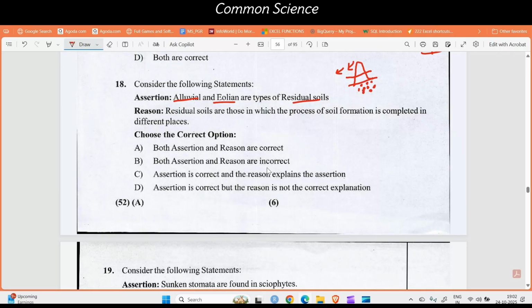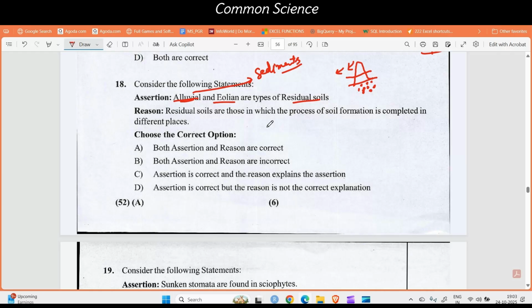However, alluvial soil forms at a distant place, away from the original rock, because of the sediments or deposits of rivers and streams, which take away these rocks and deposit them at a different place, and hence form alluvial soils.